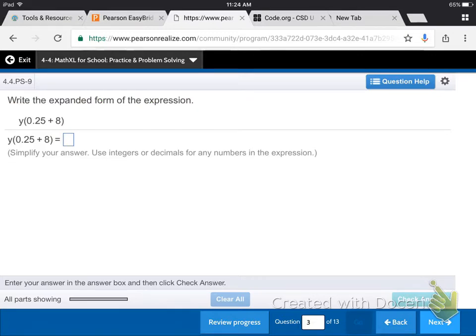Moving right along, we are going to write the expanded form of the expression, which means the same thing as the last two problems. We're going to expand. So that means that we have to multiply y times 0.25 and times 8. Okay, both. So y times 0.25 and then we're going to add, guess what?